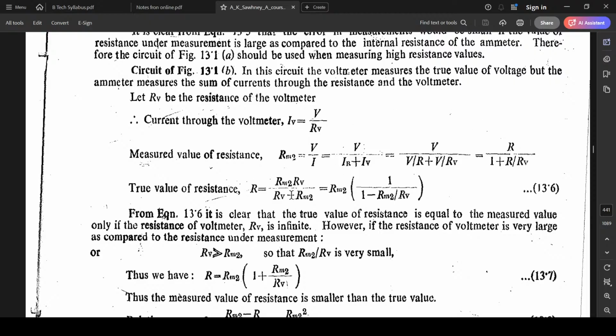I got till here. ठीक है, R2 RV upon RV minus R2. Yes, I got it. Now take the R2 common.